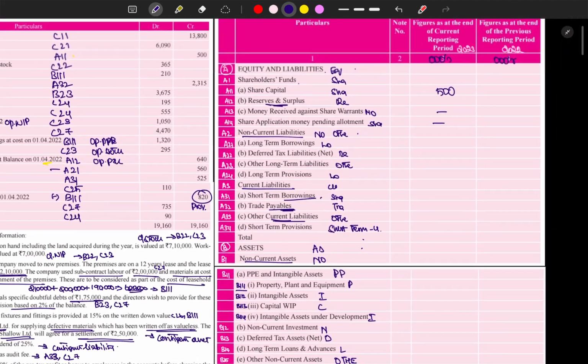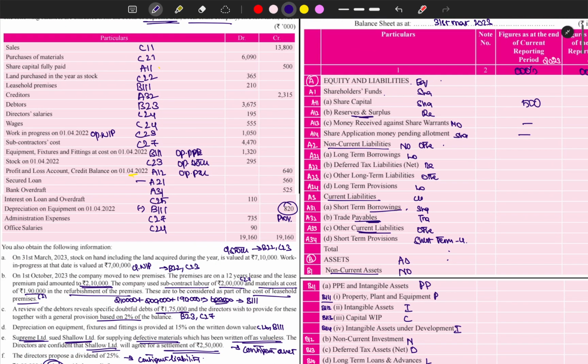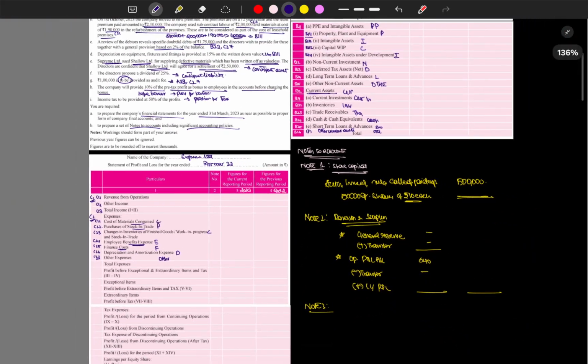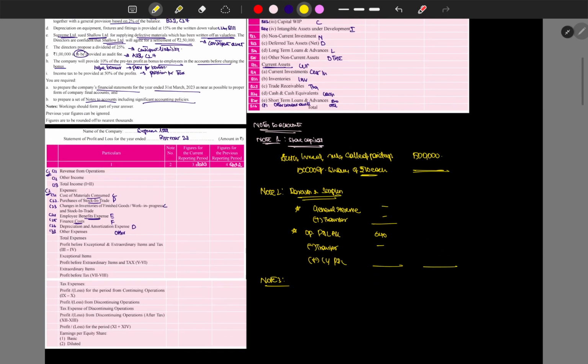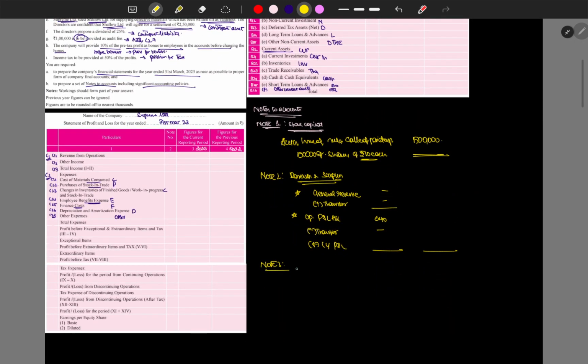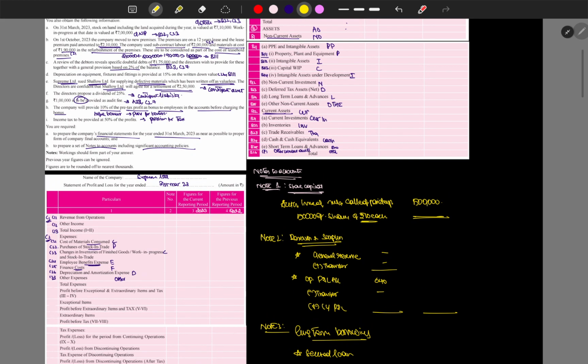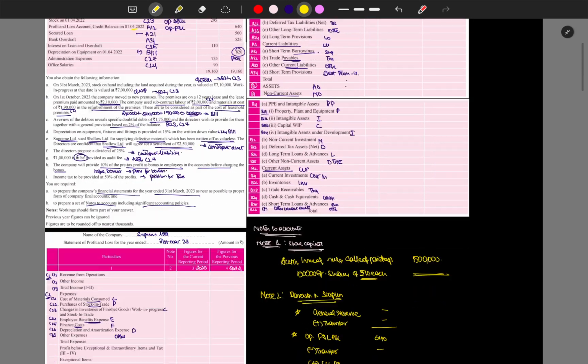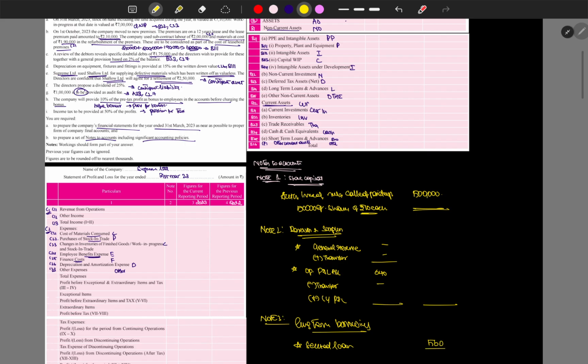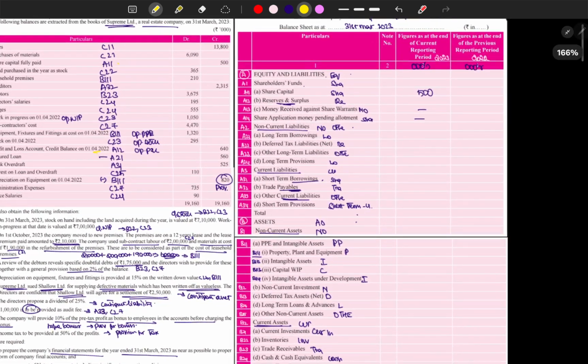So we can directly enter the A21 item, which is 560, or else we can create the note also. Long term borrowings, which is secured loan, rupees 560. So 560 has to come here.